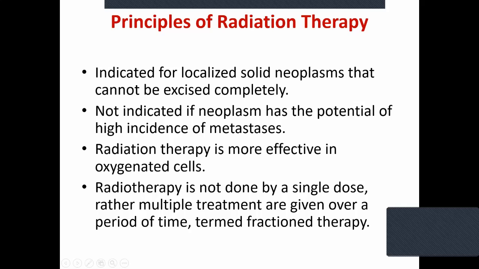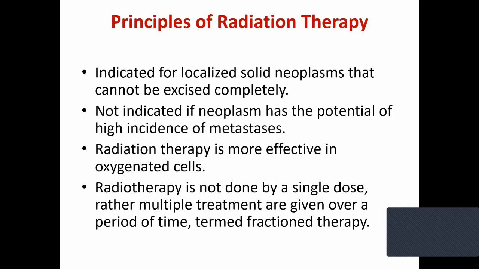Then radiation therapy is more effective in oxygenated cells. As we know, a tumor is a highly vascularized part, and due to high vascularization, there is more oxygenation in the tumor cells as compared to the peripheral cells. And this radiation is very effective in damaging the oxygenated cells as compared to the less oxygenated cells.